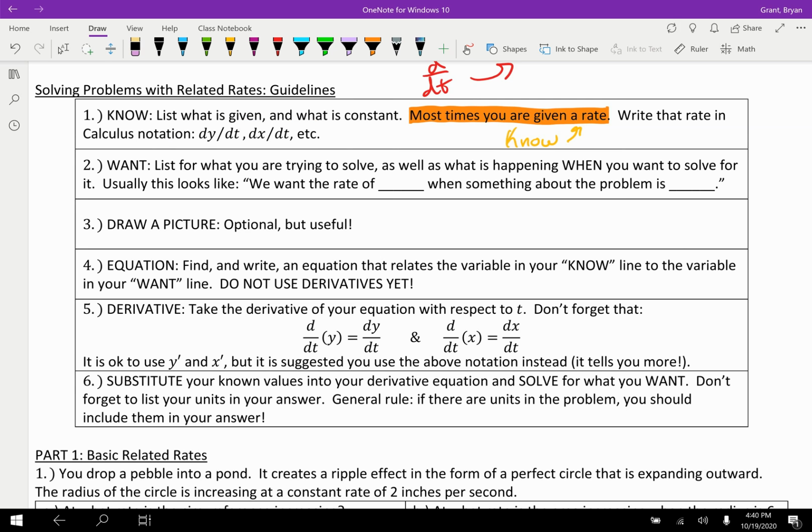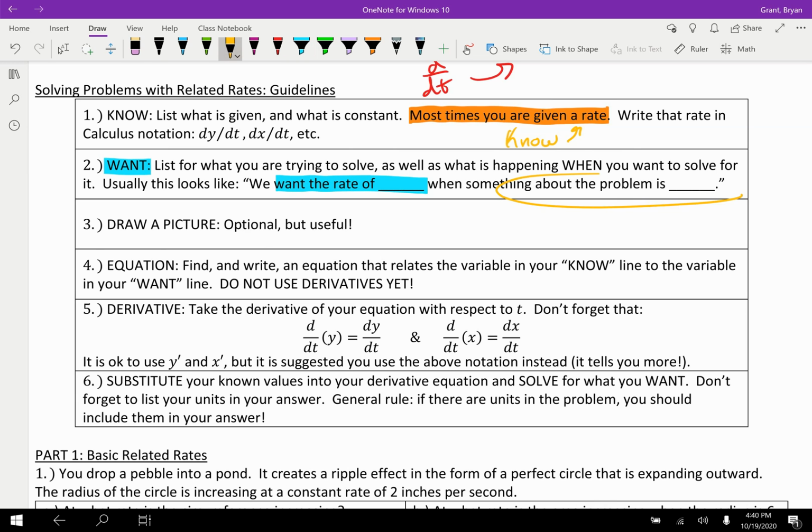After you have what you know written out, then you're going to need to list out what you want to know. And I just call it the want. And what that want is will also be a rate. We want the rate of something. Now, almost every problem we see is going to give us extra information at this point. And it doesn't matter where you put the extra information. I usually put it in the want section.